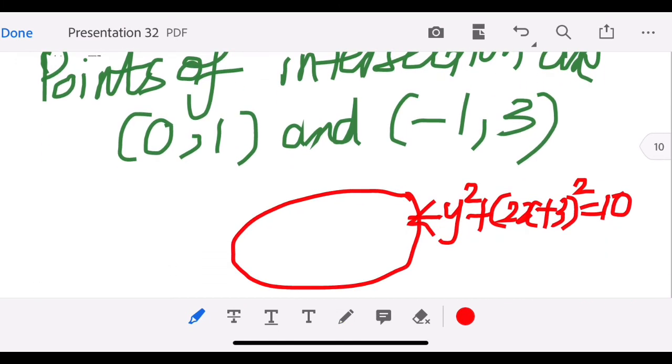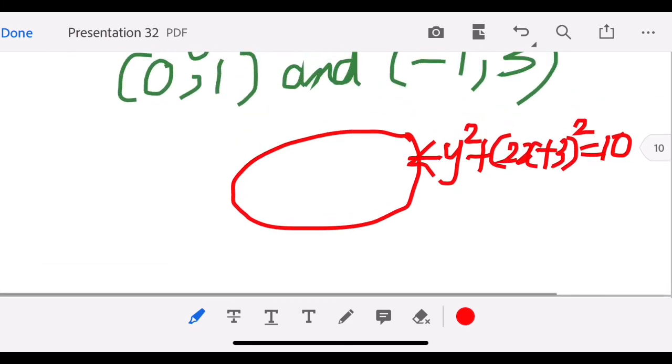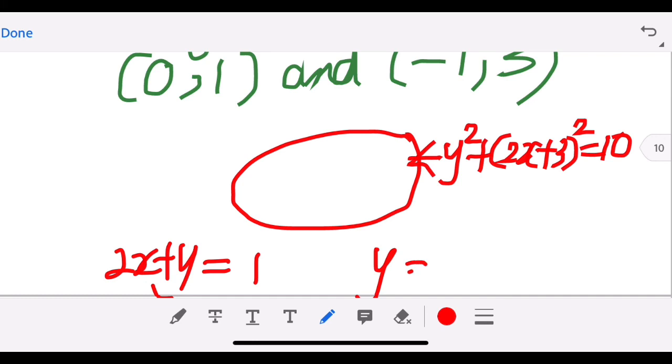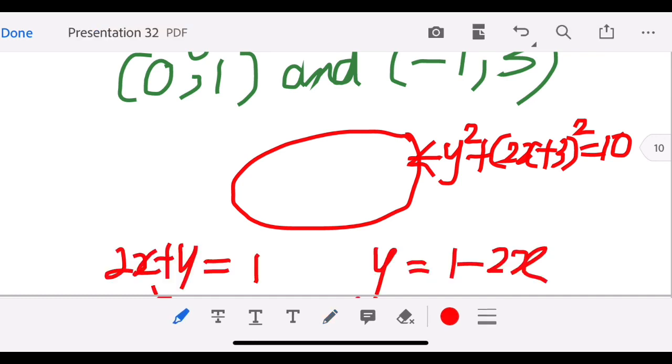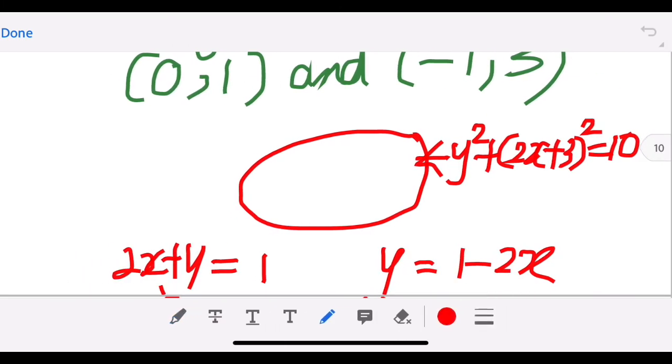Let's say it's an oval shape. And you have one straight line, which is 2x plus y equal to 1, or y equal to 1 minus 2x, because I can see the gradient. It seems like the line is heading down like this.